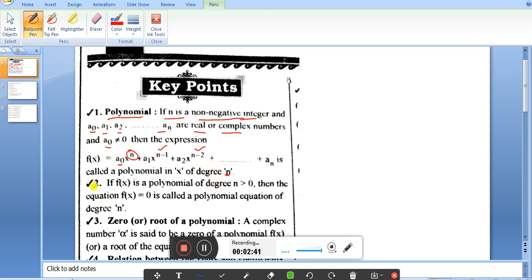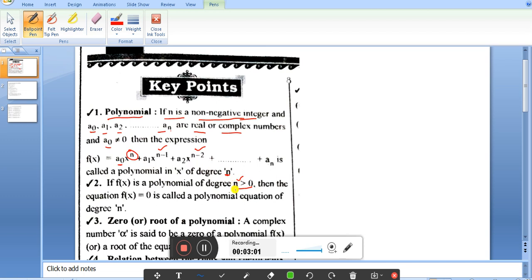Second point: if f(x) is a polynomial of degree n greater than 0, that means the degree is always greater than 0. Degree 1 is a linear polynomial, degree 2 is quadratic, degree 3 is cubic, and degree 4 is biquadratic.